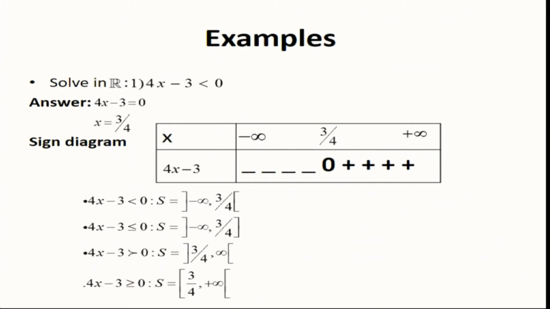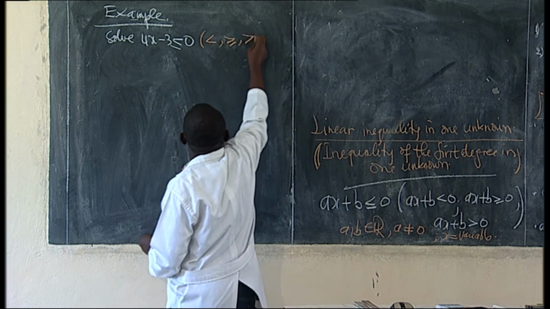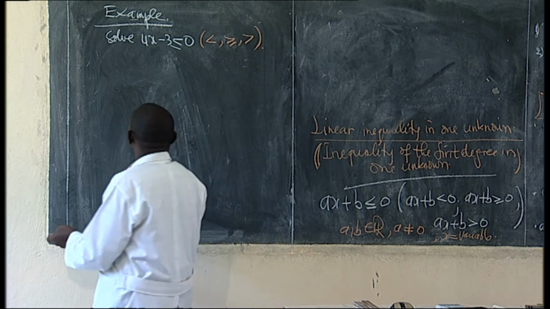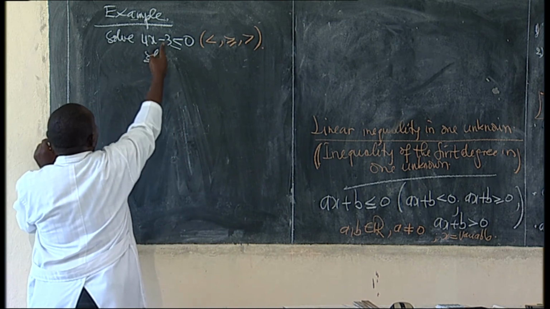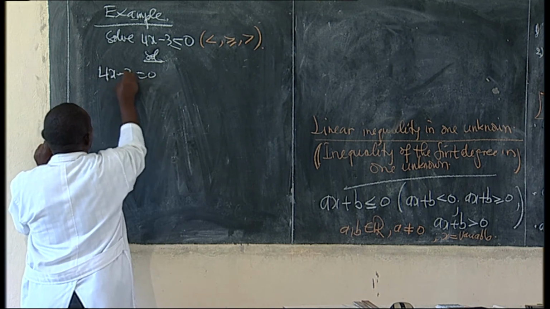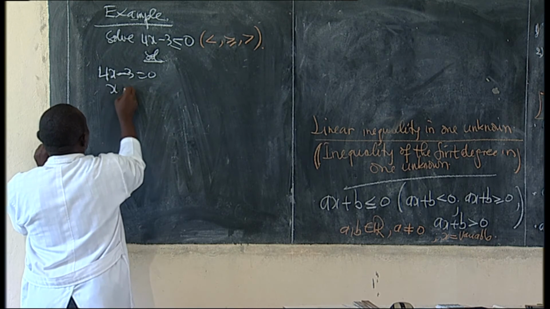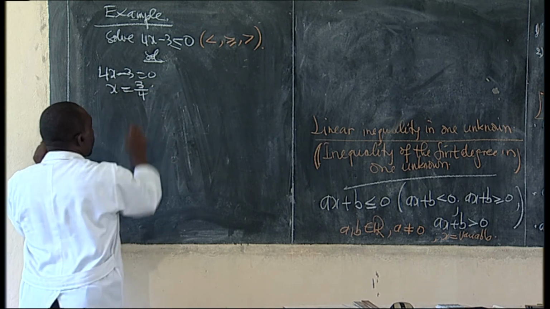Also, I can give less than 0 or greater than or equal to 0 or greater than 0. So what you have to do, first of all, you change this into an equation, you get 4x minus 3 equal to 0. Solving for x, you get x equal to 3 divided by 4.